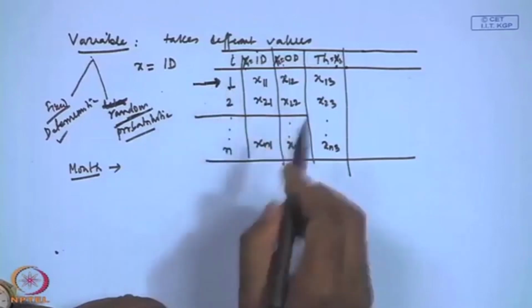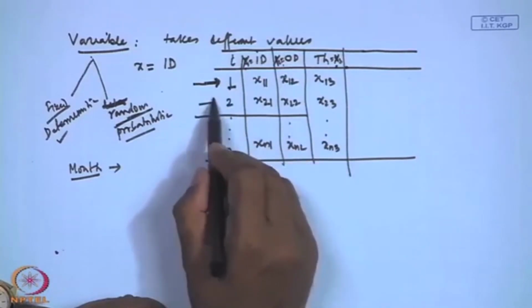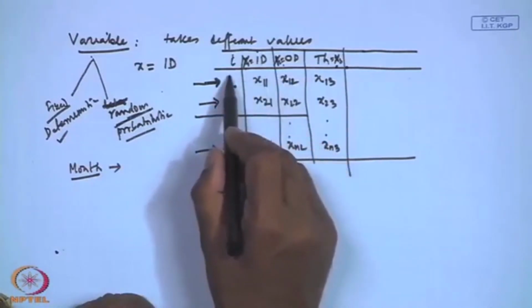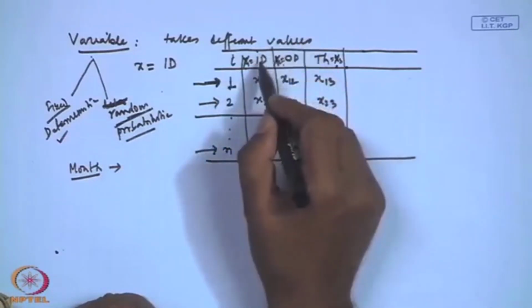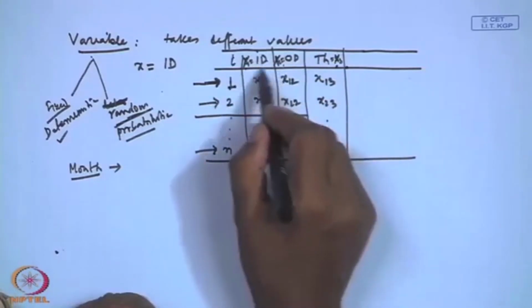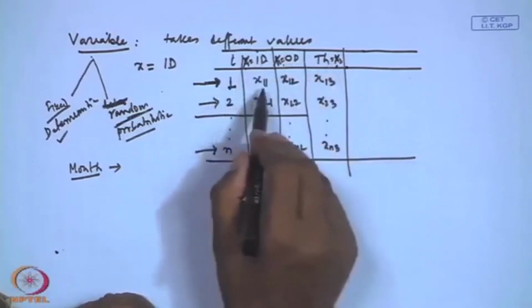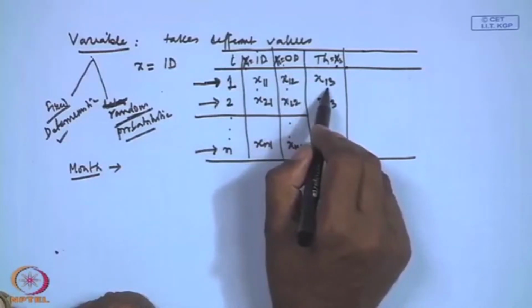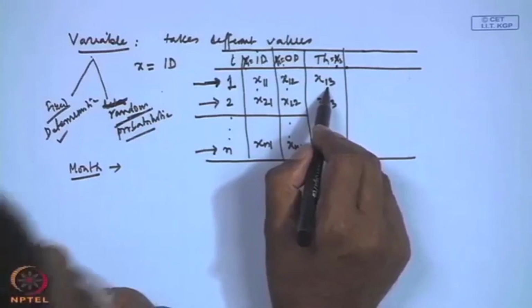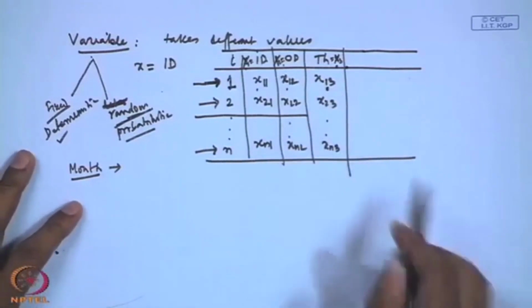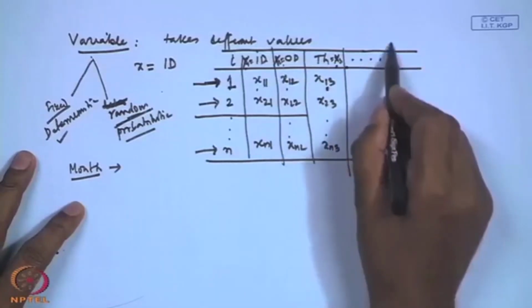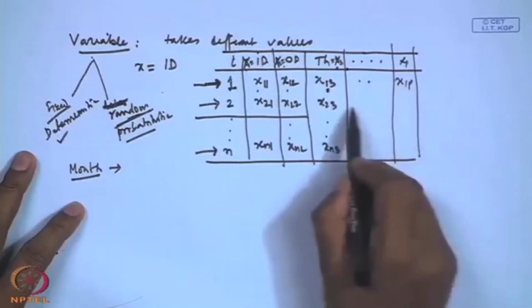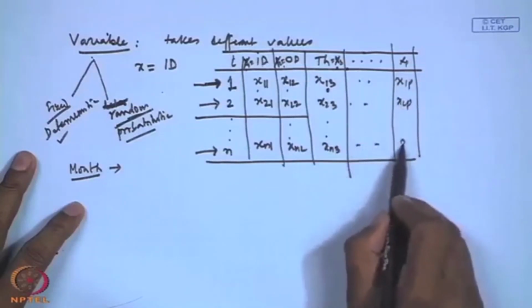First one is observation number 1, second one observation number 2, like this observation number n. In observation number 1, if I consider only ID, that value is x11. If I consider all three together, observation 1 takes values x11, x12, x13. Similarly, if you go on increasing the number of variables up to xp, then here it will be x1p, x2p, like this xnp.